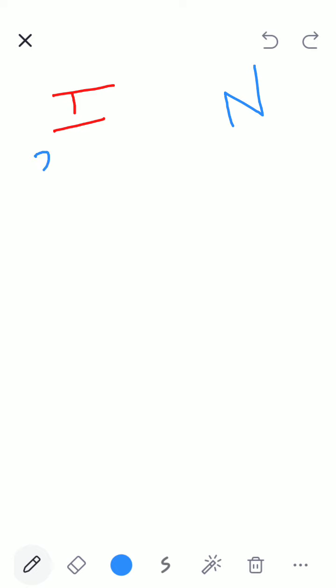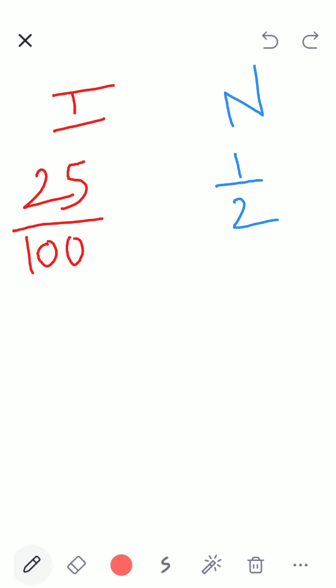Isha read 25 pages, right? And Nagma read half. So Isha read 25 out of 100. I will simplify this fraction.